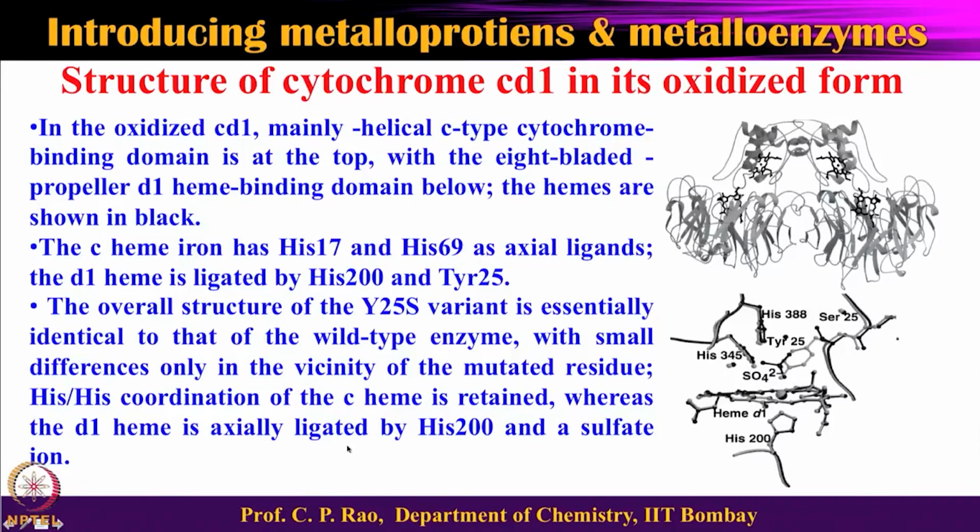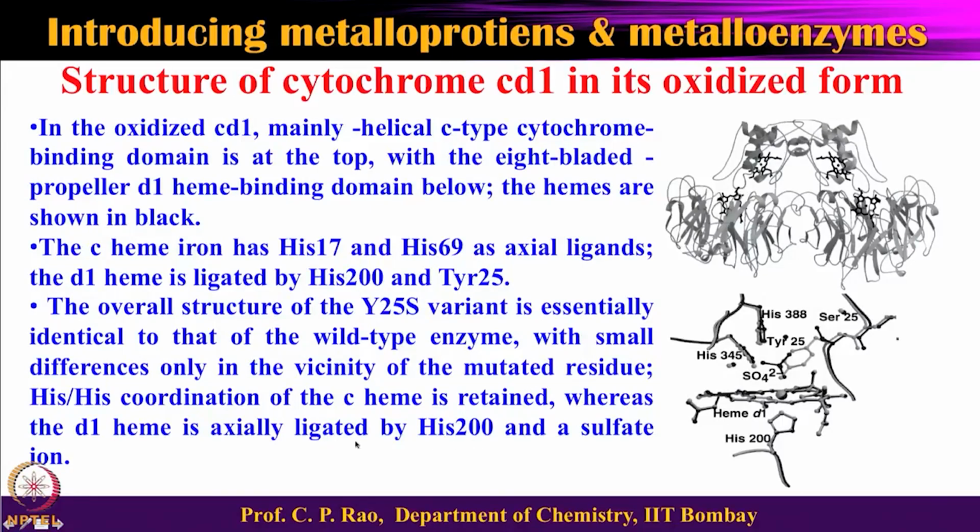The d type heme is ligated to histidine 200, but the other ligation, which is tyrosine 25, is lost, and in this position a sulfate ion, an anion, binds. So, this also gives a clue that the cytochrome d type is very well suited for binding to the anions or to the substrates, because earlier it was the tyrosine 25.